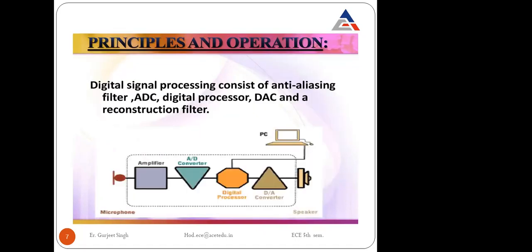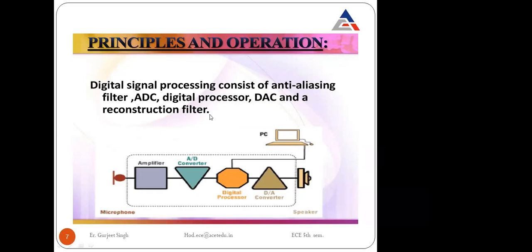So these are the principles and operation of DSP. Digital signal processing consists of an anti-aliasing filter, ADC, DSP, DAC, and a reconstruction filter. This diagram is similar to the diagram that I have previously explained, the elements of DSP.